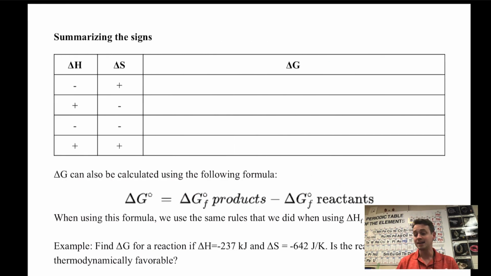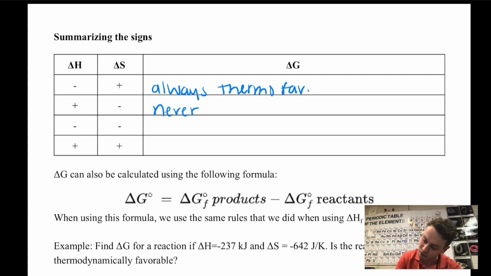So summarizing the signs: what's your sign? When we have a negative delta H and a positive delta S, this is always thermodynamically favorable. If I have a positive delta H and a negative delta S, this is never thermodynamically favorable.